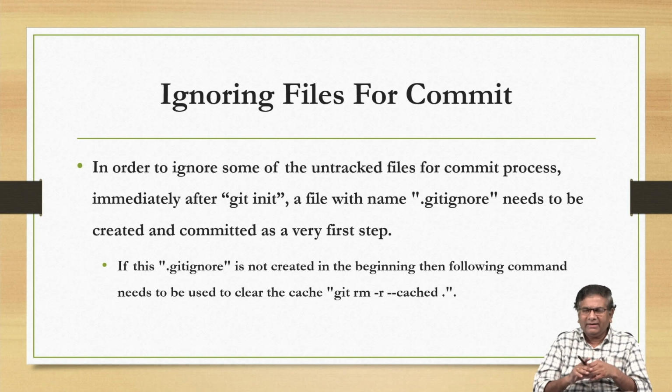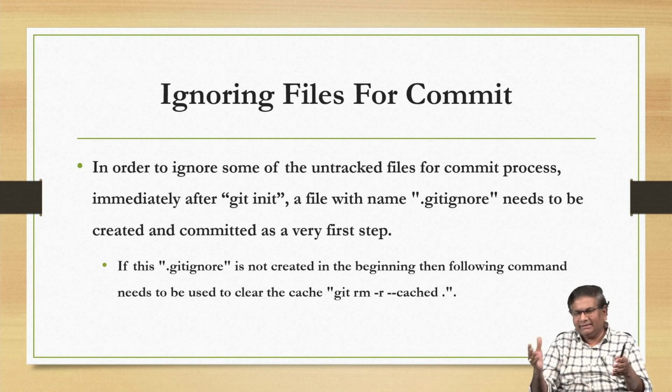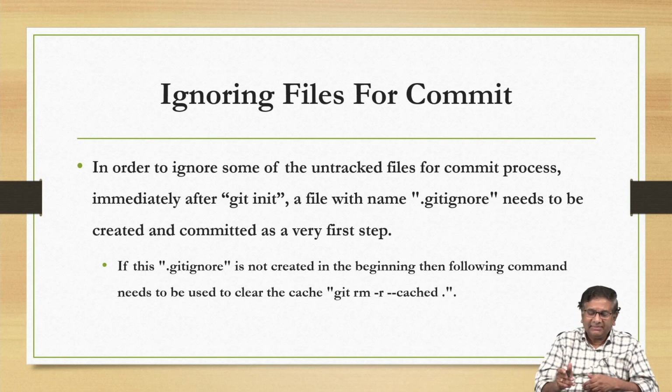It's in order to avoid such things. That means you want to tell Git that, okay, in this folder or in its subfolders, ignore these files. That is done by using a .gitignore file.